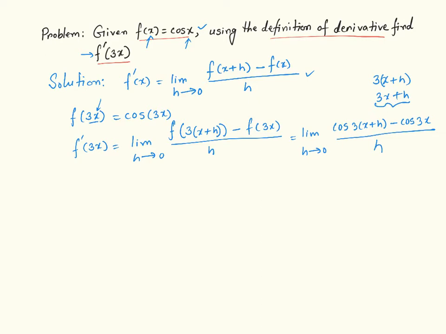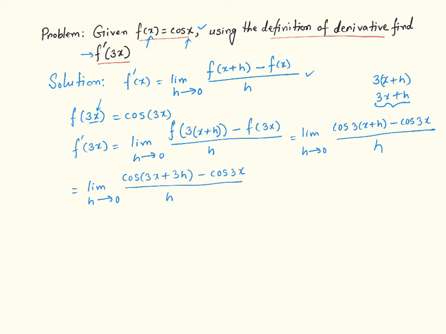Now we are going to simplify it even further. So it's going to be the limit as h approaches 0 of cosine of 3x plus 3h minus cosine of 3x, divided by h.